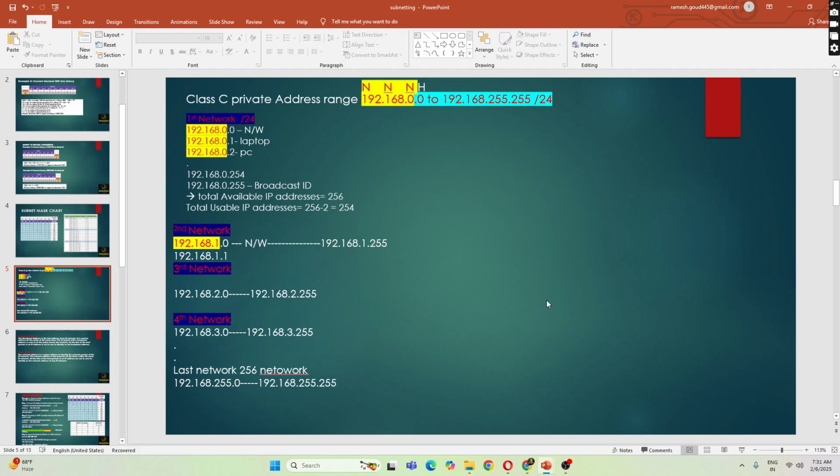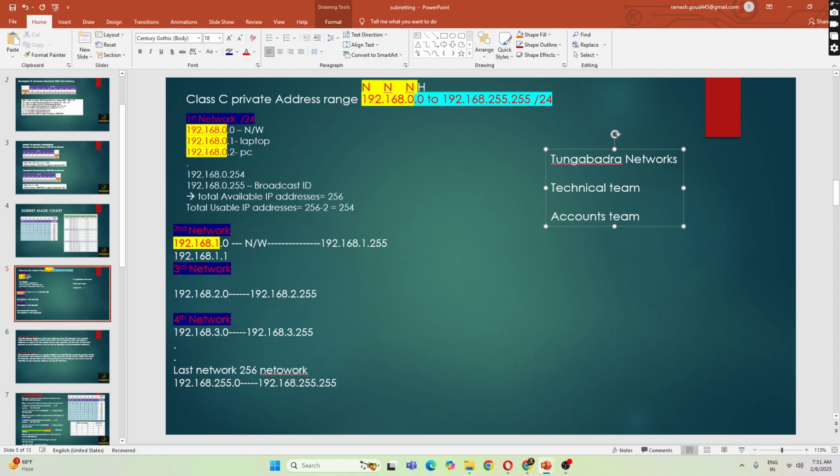Let's consider a design perspective. Consider my network, Tungabhadra Networks, a company, my company. I recently established this company, and we have three teams: the technical team, the accounts team, and the HR team.